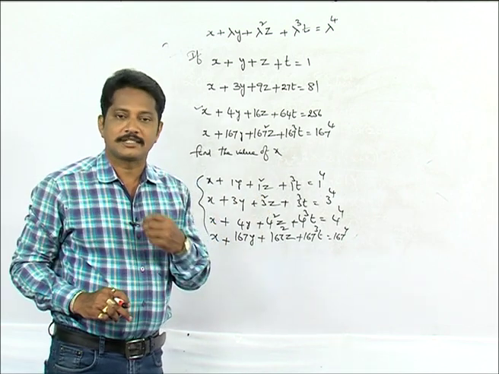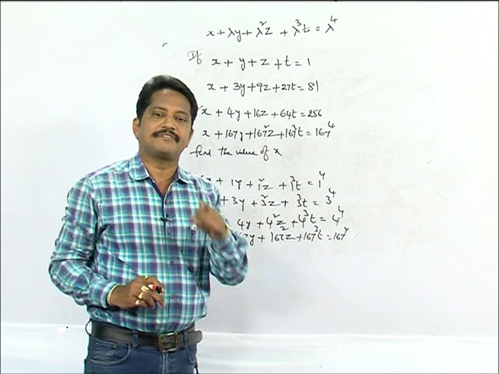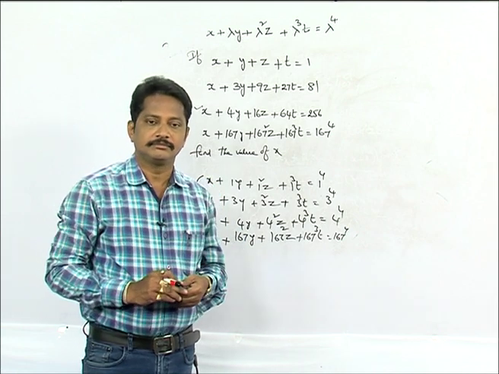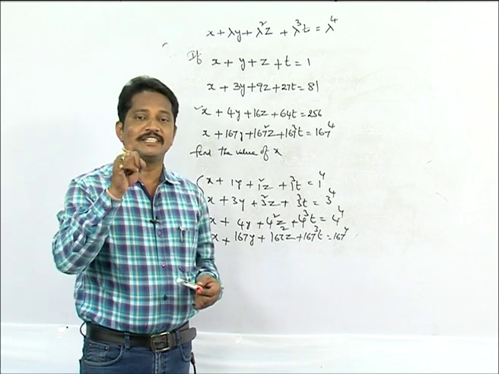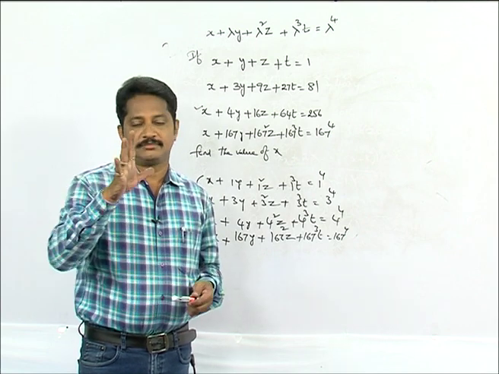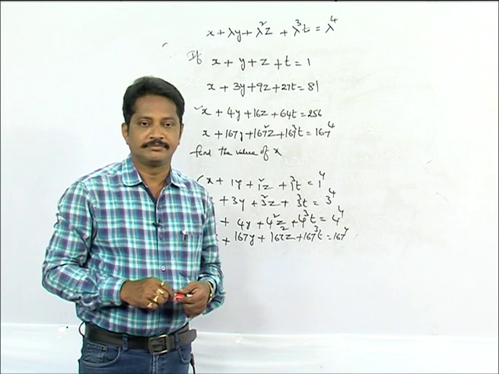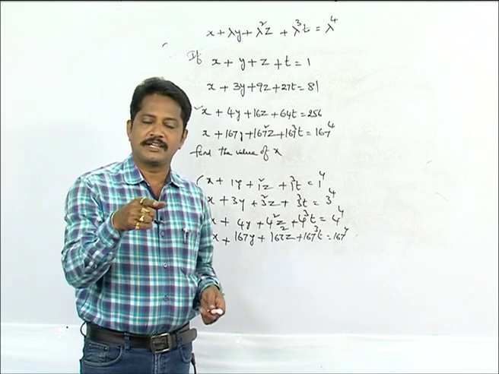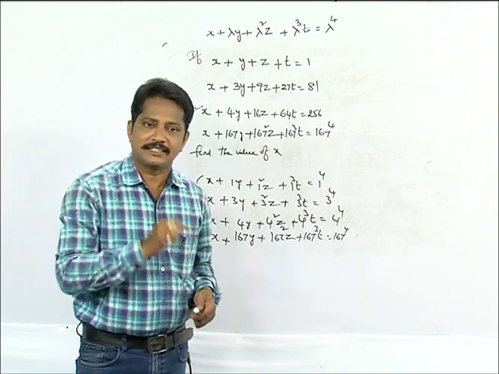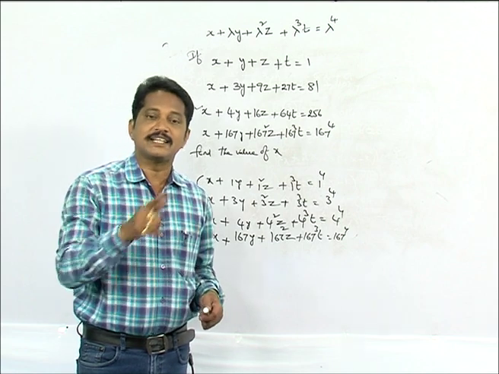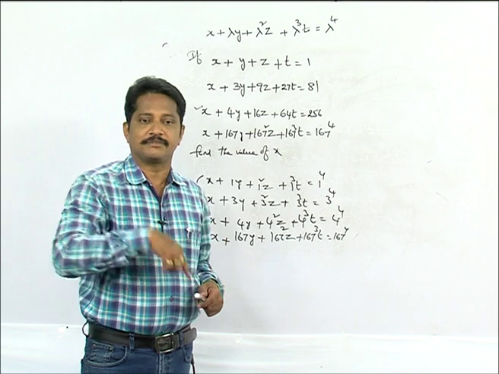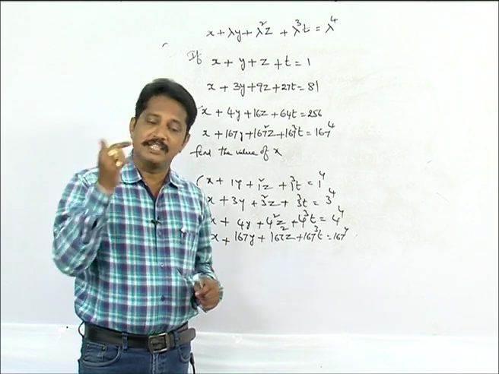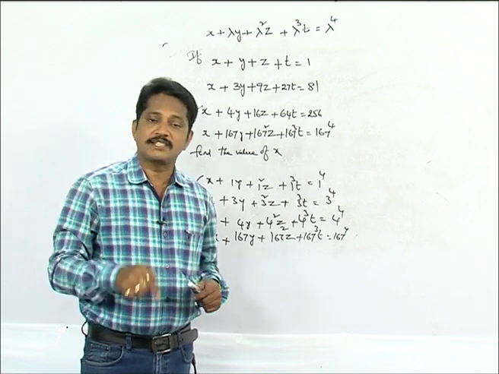So, what do you understand? What is meant by a root of an equation? The value which satisfies a given equation is called a root of the equation. Correct? So, when you substitute lambda equal to 1, you will get the first equation. What is meant by this statement? 1 is the root of this equation. 3 satisfies the equation. What does it mean? 3 is the root of the equation. 4 satisfies this equation.